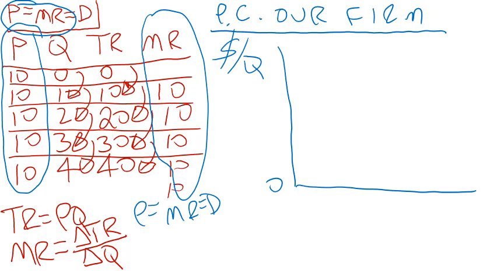Here we have the average total cost curve. Below it we have the average variable cost curve. This is the shutdown point, the lowest AVC value. Here is the liquidation point, the lowest ATC value.